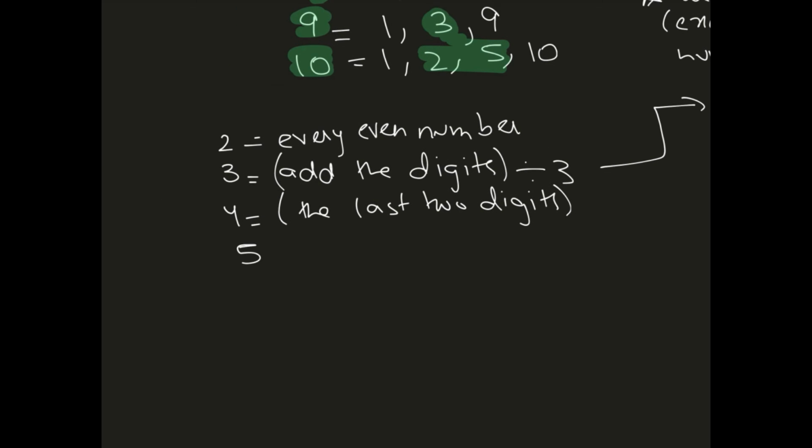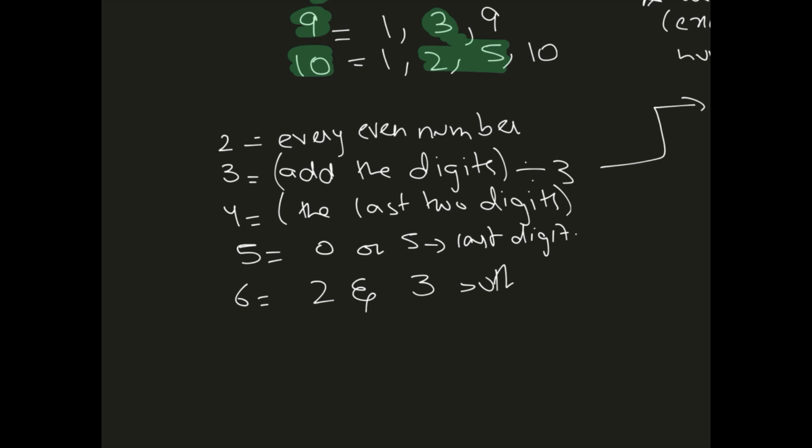Then we have 5. As you all might know, the divisibility rule for 5 is that the last digit must be 0 or 5. And then the divisibility rule for 6 is that if a number can be divided by 2 and 3 both, the key word being and, then it can be divided by 6, right? Then we have the divisibility rule for 9.